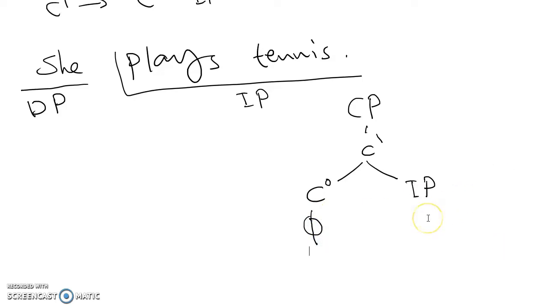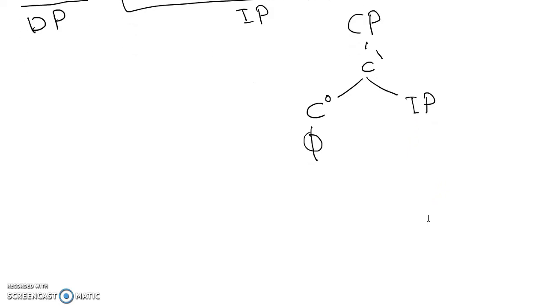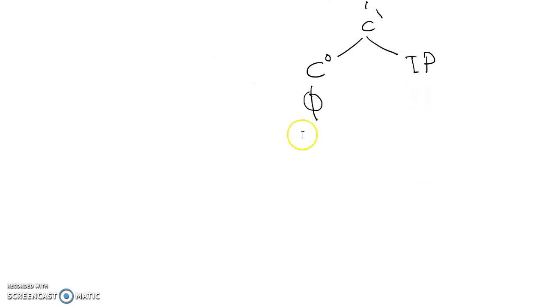Okay, let's go ahead to continue the analysis of plays tennis. At the beginning, we have to think of the IP. It's necessary to know that it consists of DP and I bar.